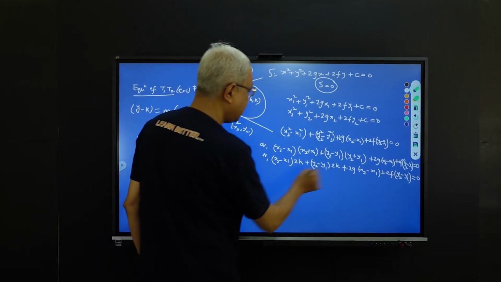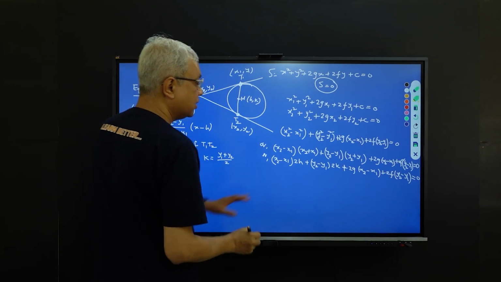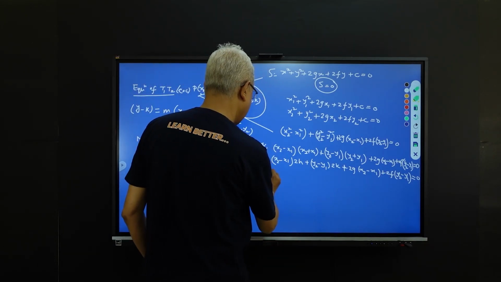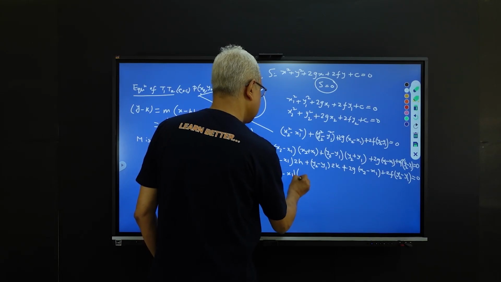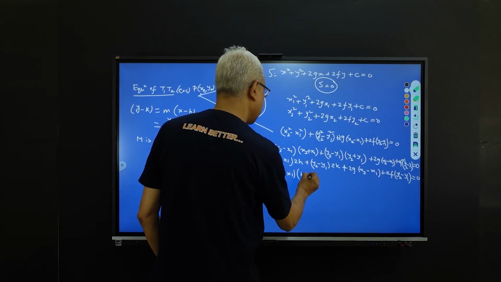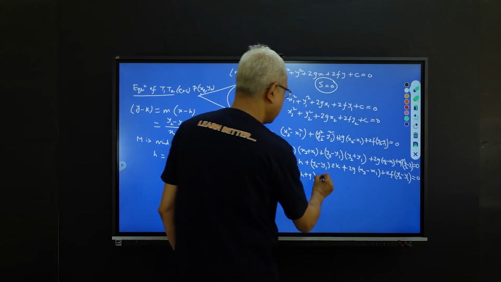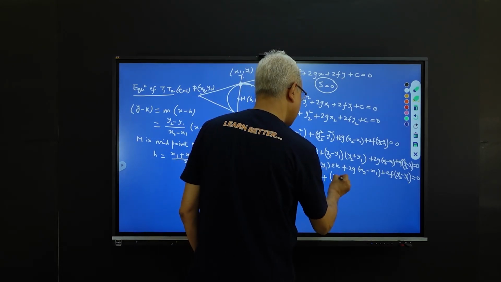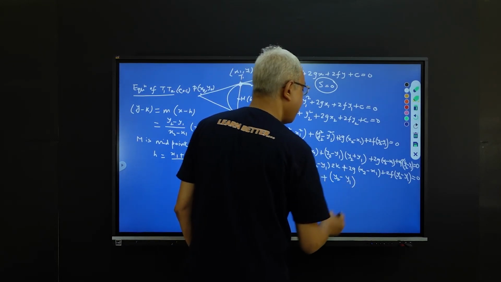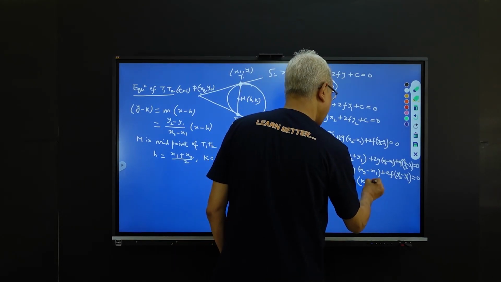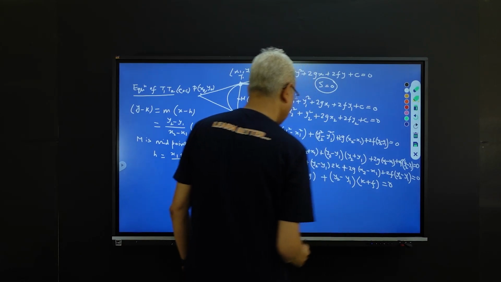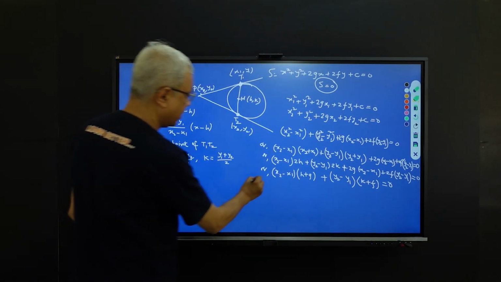So I can cancel all the 2's from there. If I take (x2 minus x1) common, then (h plus g) plus (y2 minus y1)(k plus f) equal to 0.